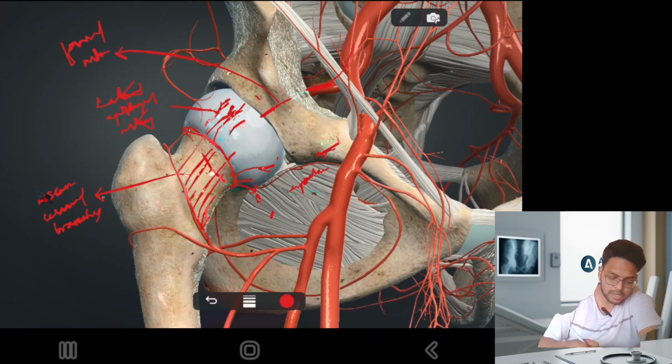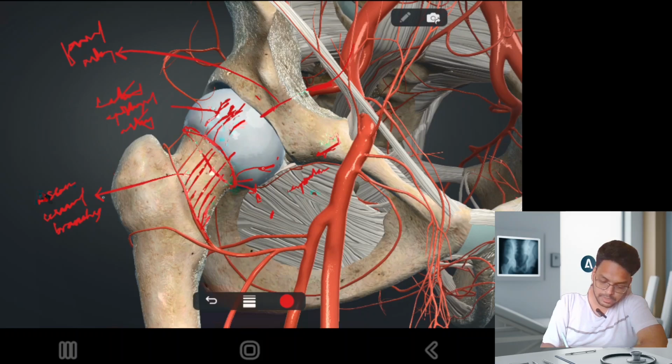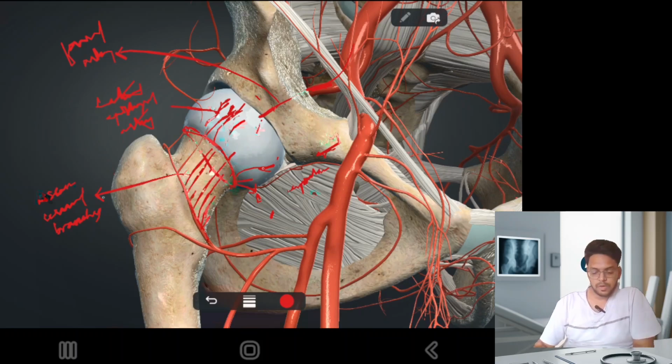The foveal artery, or the artery of ligamentum teres, also gives branches towards the head, and this will contribute to the blood supply of the femoral head. Okay, this is the blood supply of the femoral head.